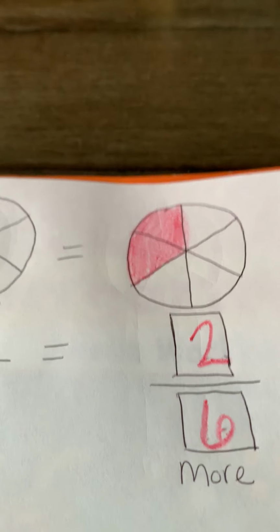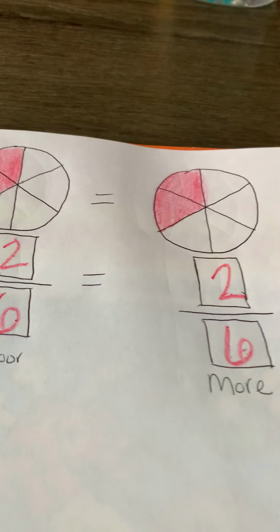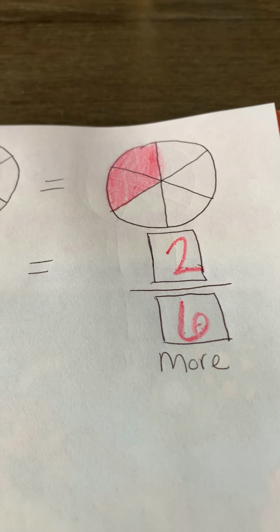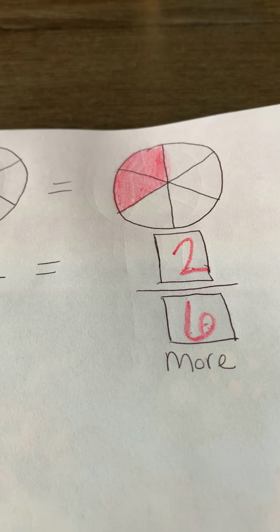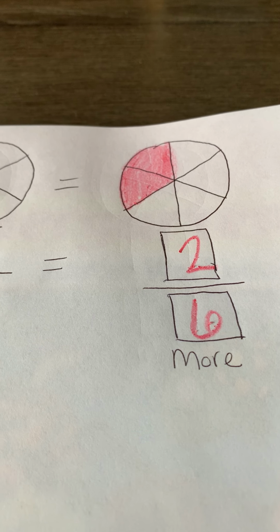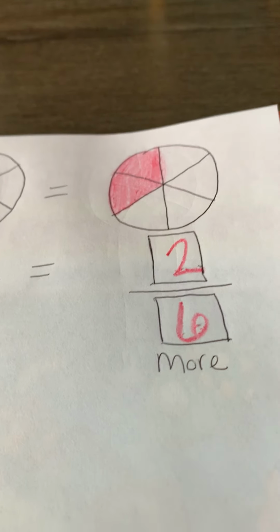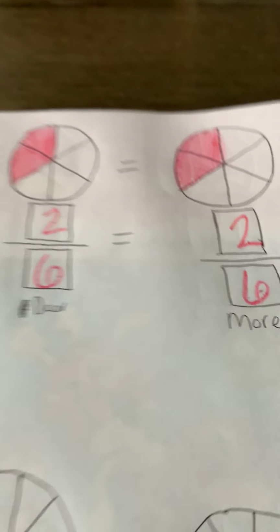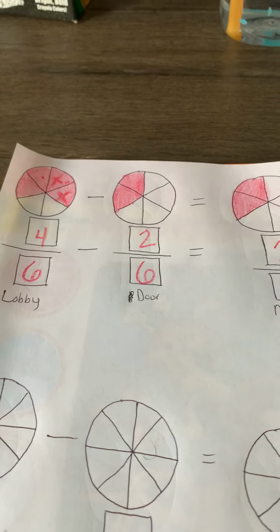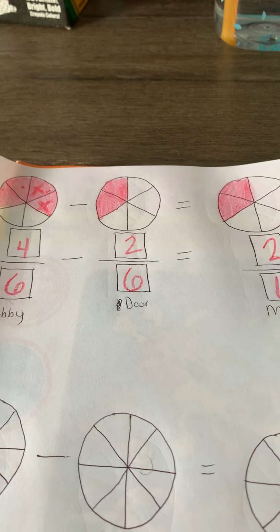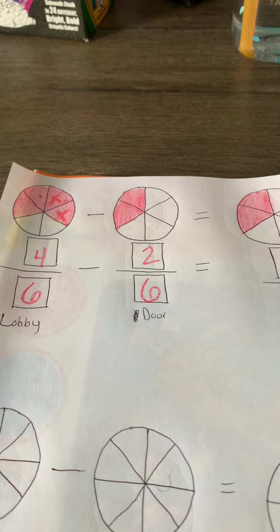Okay, so she greeted 2 more customers at the lobby than she did at the door. Because they wanted to know how many more customers she greeted at the lobby than the door.